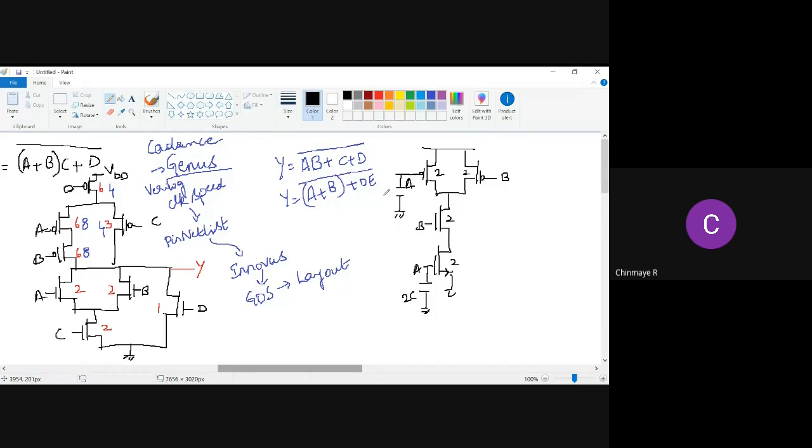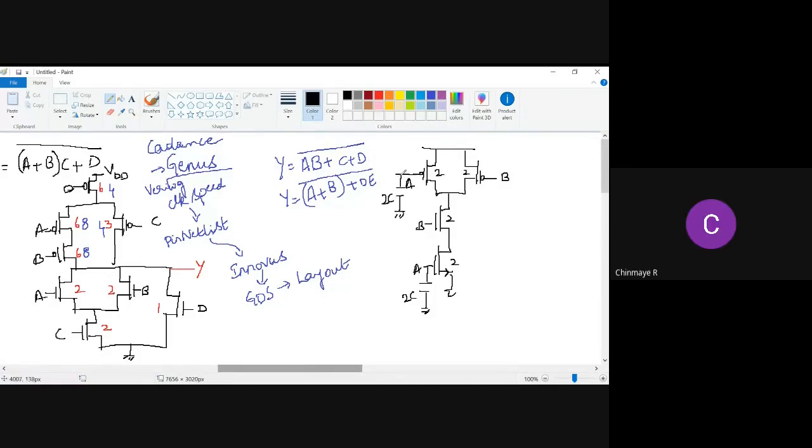Joel, can you tell me what's the gate capacitance here? All capacitance is directly proportional to the size of the transistor, the width of the transistor basically. So can you tell me what's the size of this, Joel? Yes, ma'am. How much is it? Ma'am, is it 2C? Yeah, this is 2C.